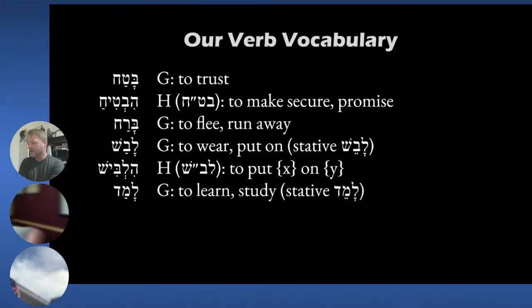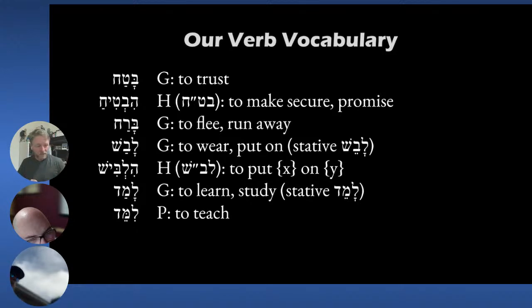Okay, lamad in the kal is to learn or to study. Also lamed, it's a stative verb sometimes, lamed or lamad, like ahav and ahev. Sometimes it's stative, the feeling of love. To teach, in the piel, is limed. This verb can be troublesome when you don't have pointing, when you don't have nikud.